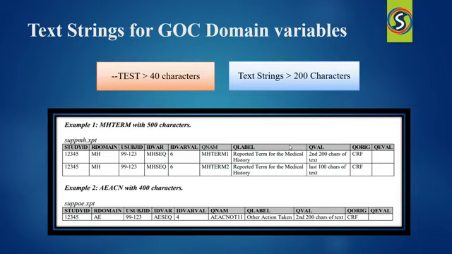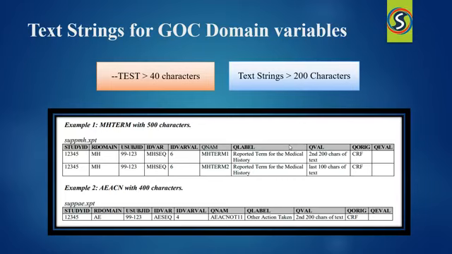So the sponsor would put the first 200 characters of the text in the standard domain variable MHTERM in the MH dataset, the next 200 characters of text as a first supplemental record in the supplemental MH dataset, and the final 100 characters of text as a second record in the supplemental MH dataset.